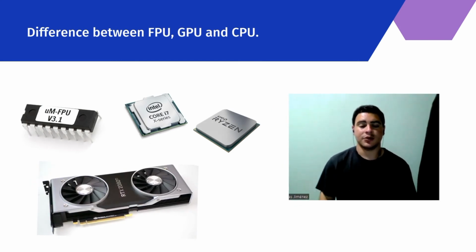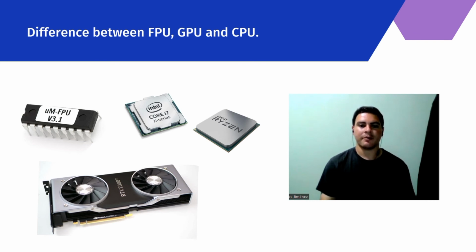Difference between FPU, GPU, and CPU. A CPU is an all-in-one tool. It is designed to perform many types of tasks as quickly as possible. In particular, they have great optimization for decision making. For example, if such an action is performed, then perform this other action, else perform this other action.